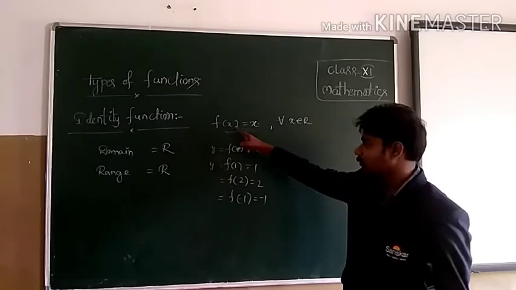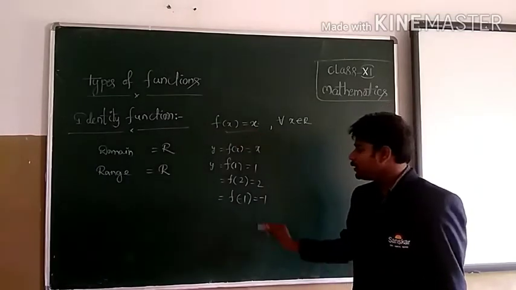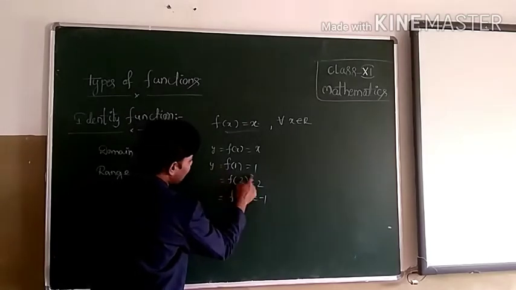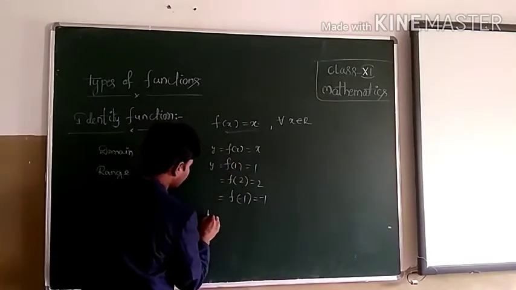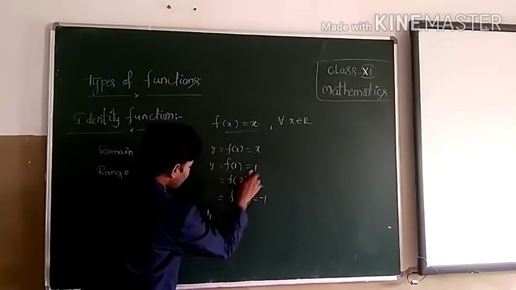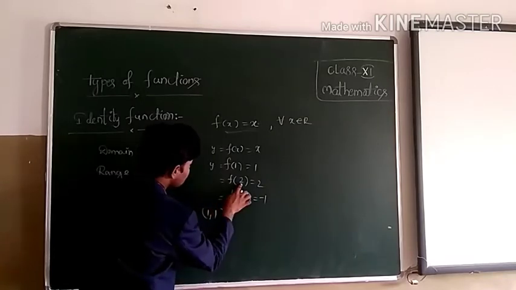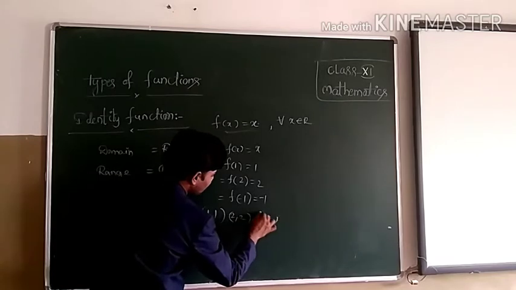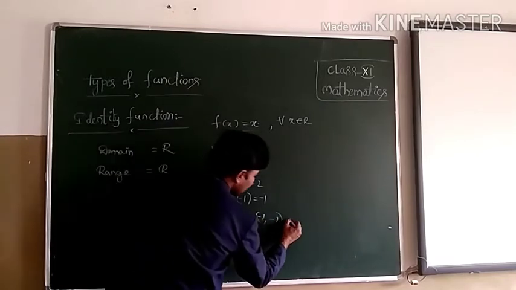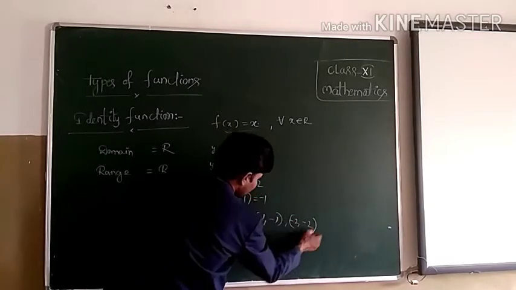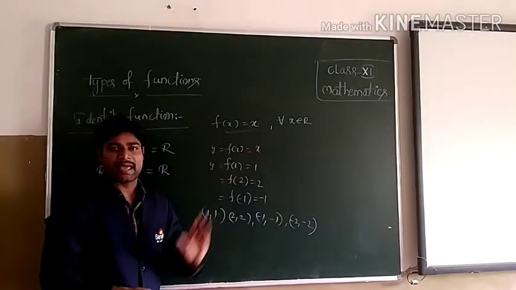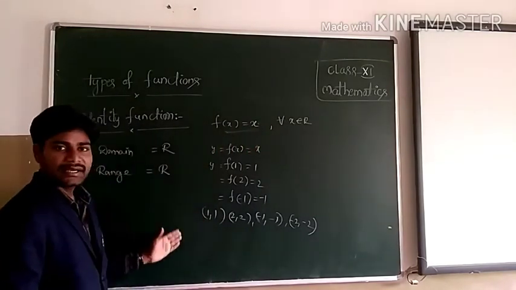This is the identity relation, the same value we get. For minus 2 we get minus 2 only, because the function defines f of x equals x for all x belonging to R. This represents the identity function.